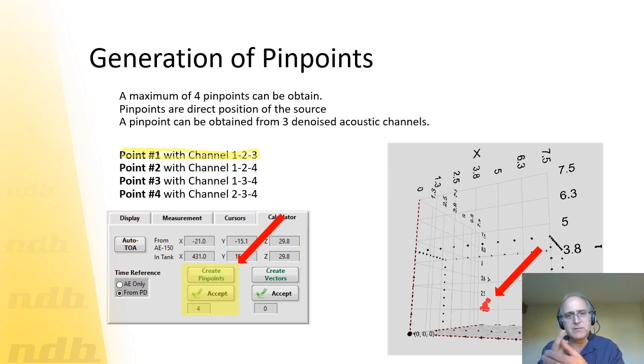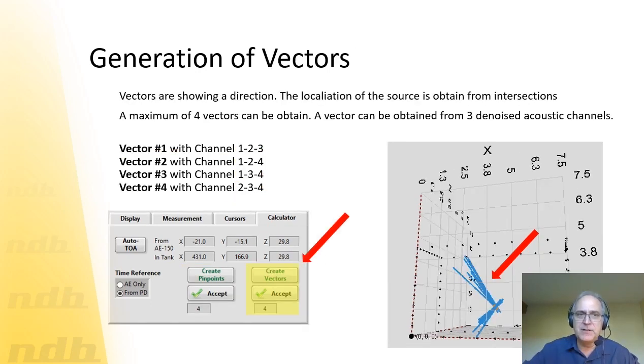Another point can be obtained with 1, 2, and 4. Another point with 1, 3, and 4, and 2, 3, and 4. So the maximum points that you can get is 4 if all 4 channels are denoised and the time of arrival has been identified. So this is pinpoints.